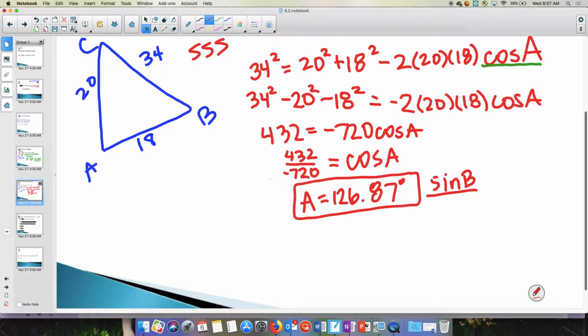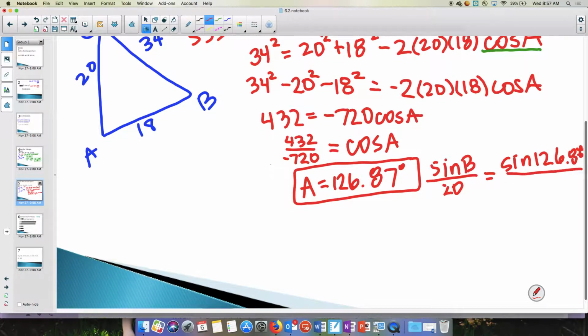The sine of B over side B would equal the sine of our found angle A over side A of 34. Okay.